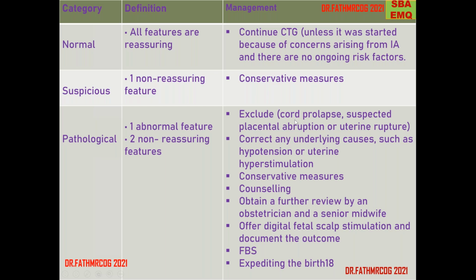You should exclude risk factors like cord prolapse, any suspicion of placental abruption or uterine rupture. You should correct the causes of hypotension or uterine hyperstimulation, and after that do conservative measures. Then you counsel the patient to do digital fetal scalp stimulation, then fetal blood sampling, and then expedite delivery.